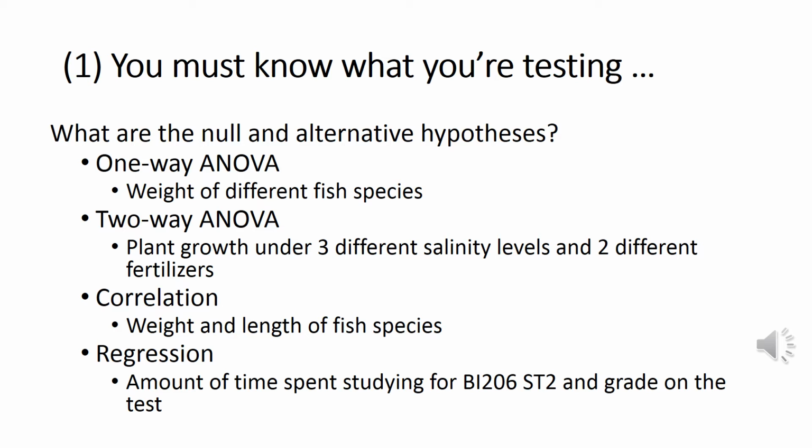The null hypothesis for regression would be that there is no relationship between the amount of time spent studying for short test number 2 and the grade received on this test. Remember also that when it comes to a two-way ANOVA, you've got 3 null and 3 alternative hypotheses.